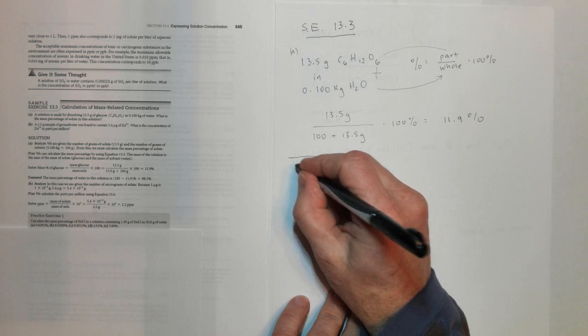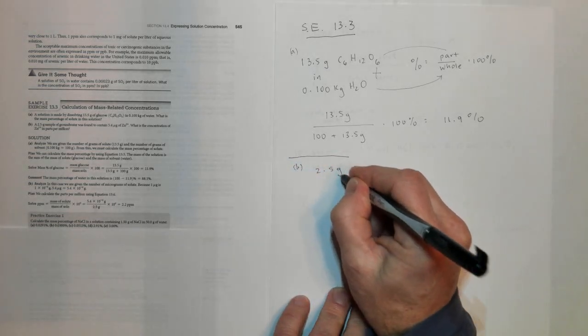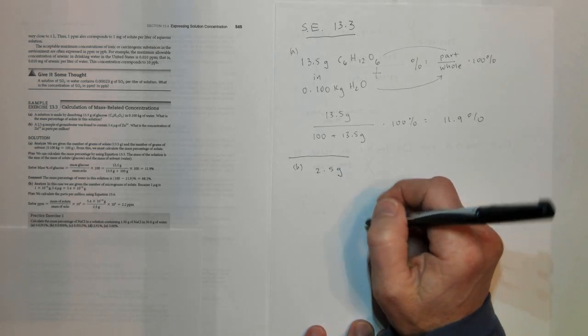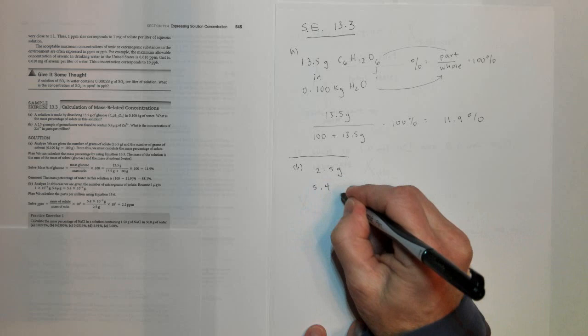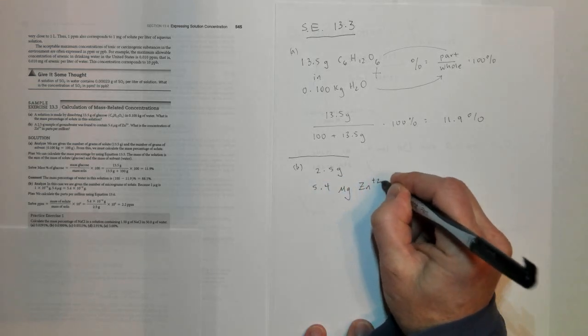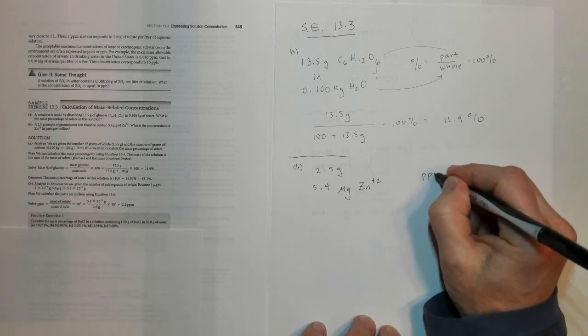Part B says a 2.5 gram sample of groundwater was found to contain 5.4 micrograms of zinc ion. What is the concentration of zinc in parts per million?